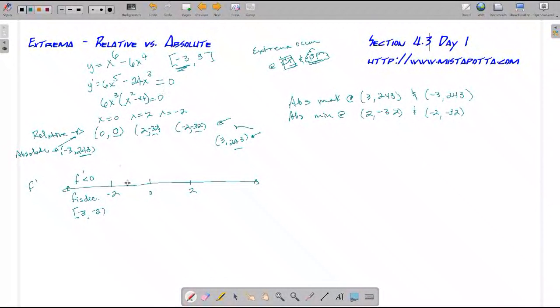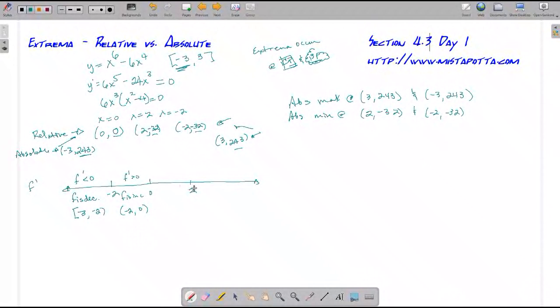For values between negative 2 and 0, I can go ahead and substitute negative 1, but I end up with a negative 1 times a negative 3, which ends up being positive. So my derivative is positive, which means that f is increasing on this negative 2 to 0 domain.